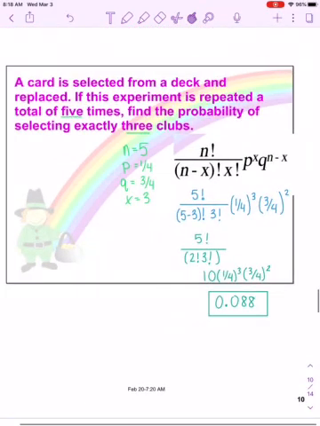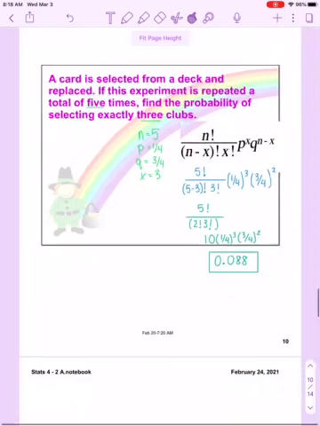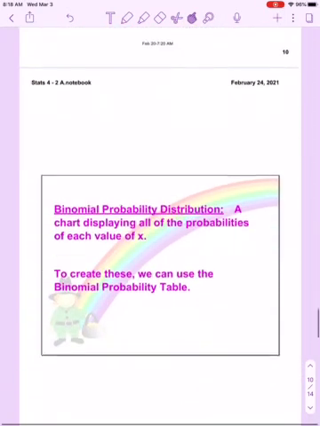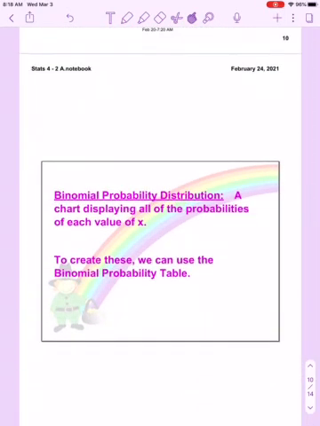Small. So I have less than 9% chance of picking 3 clubs. Okay, so I pick 5 different cards, and I have less than 9% chance of 3 of those 5 being clubs. Okay, that's pretty small.